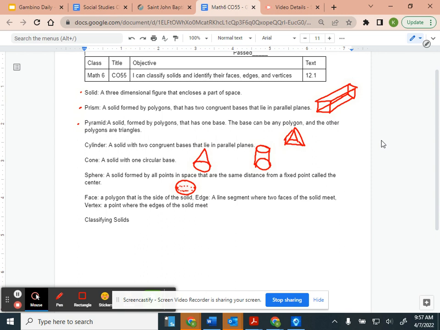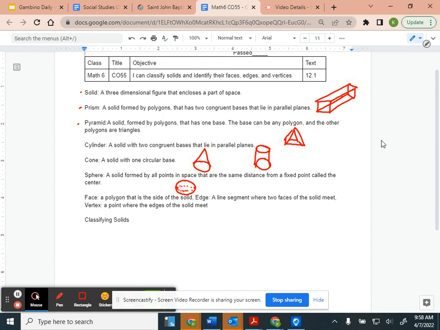So it's not like an egg where there are shorter sides and longer sides, where it's more oval. It is circular. Mine looks a little oval there, but that's because I'm drawing with a marker. Those are our different solids that we're going to be working with today. We have our prism, our pyramid, our cylinder, our cone, and our sphere.